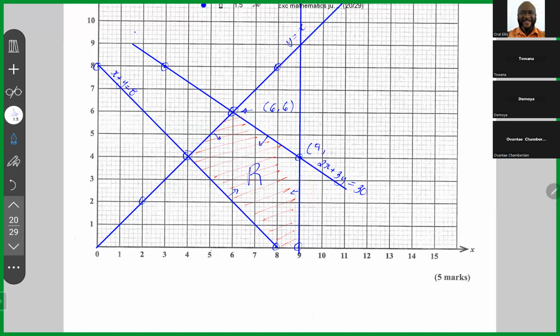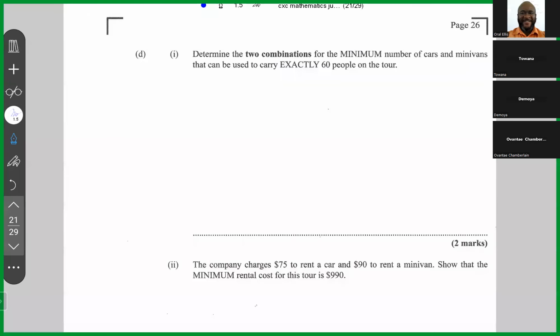If I have 9 cars and 4 minivans, I'll also be able to carry exactly 60 persons. So let's go to it. It says determine the two combinations for the maximum number of cars and minivans that can be used to carry exactly 60 people.